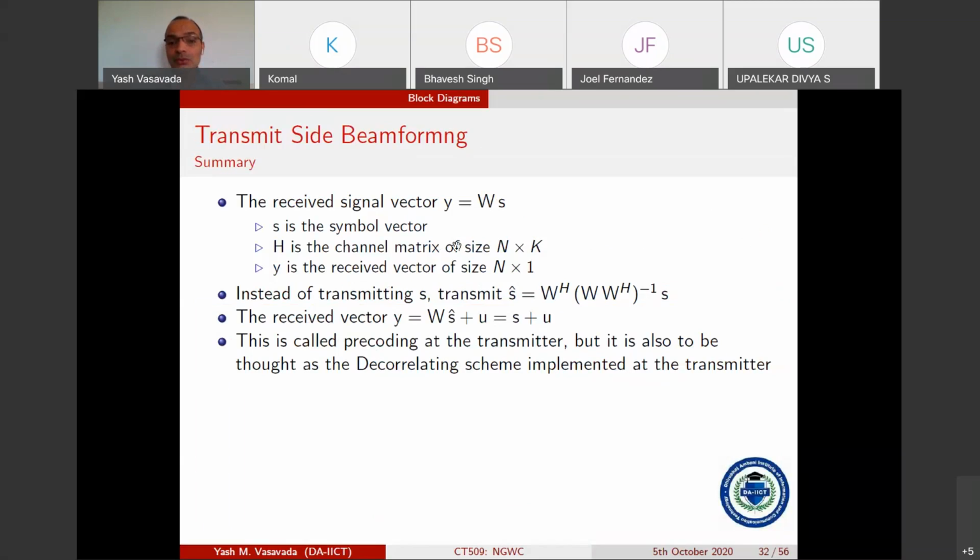So this is called the transmit side beamforming or transmit pre-coding scheme. The advantage is that all of the signal processing complexity of performing this type of operation has been moved to the transmitter.